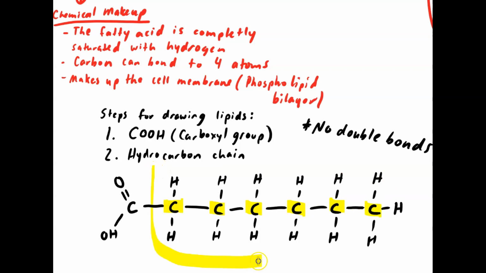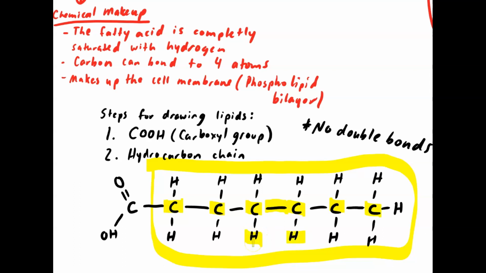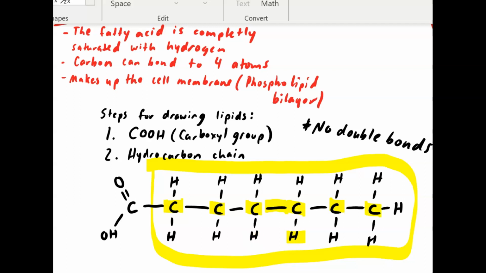In this hydrocarbon chain, that's what makes it saturated. We don't have any double bonds, so we don't have any open locations. If this was an unsaturated fat, this might be a double bond, which means that there would be no hydrogens down here. So that's what we mean when we say saturated fats.